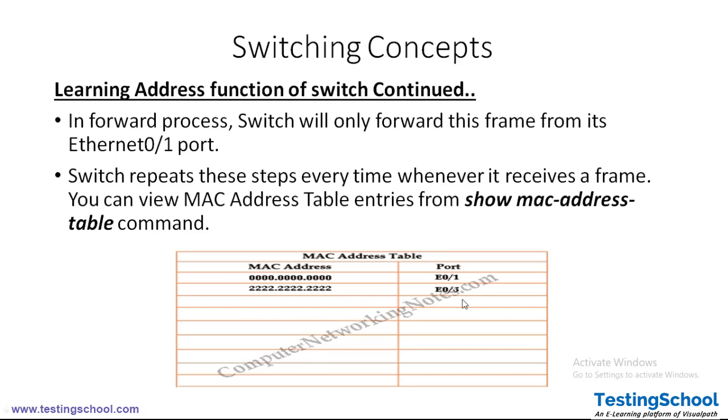When PC2 sent a frame back, that time this second entry came and was learned by the switch. When it saw the destination MAC address as 0000, it became a known unicast, and that time our frame will go only to the Ethernet 0/1 port.